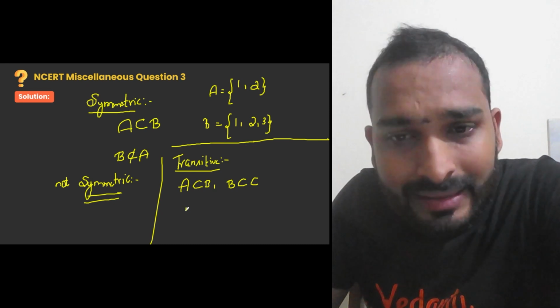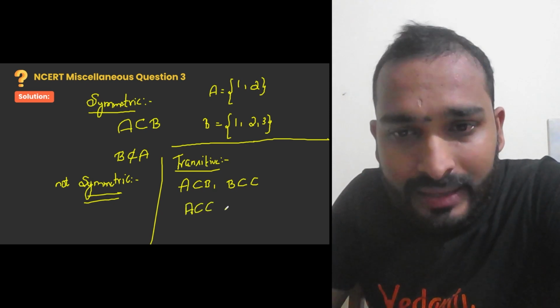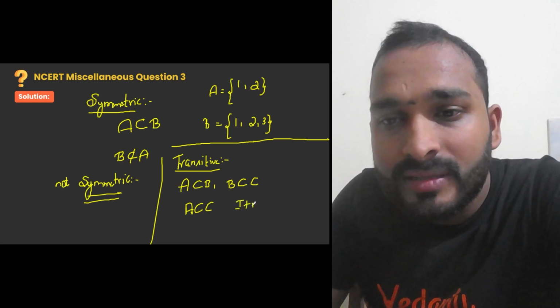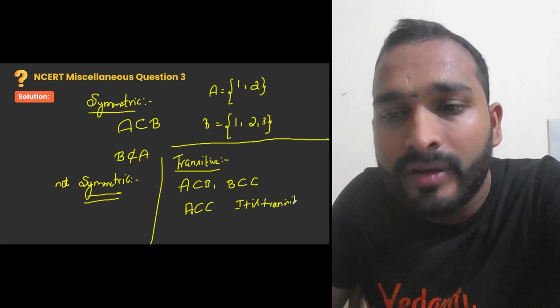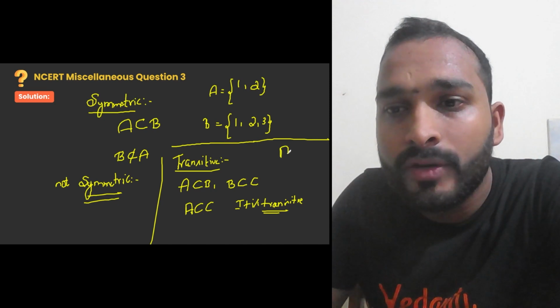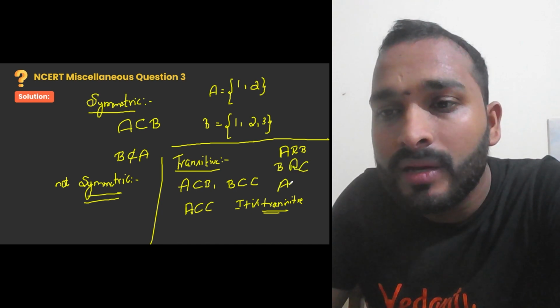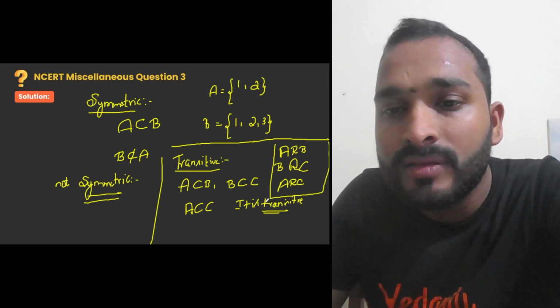In that case, A also will be a subset of C, children. Yes or no? Correct. So it is transitive. What is the reason, children? Because if A is related to B, and B is related to C, then A must be related to C. Under this condition we write that this relation is transitive.